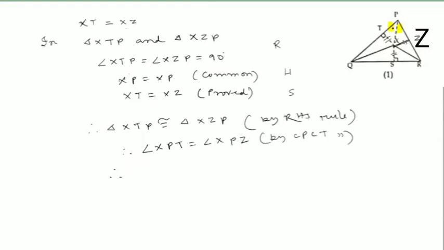Therefore these two angles are equal, therefore obviously PX is the bisector of angle P. So this is proved.